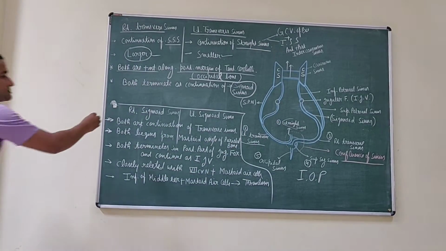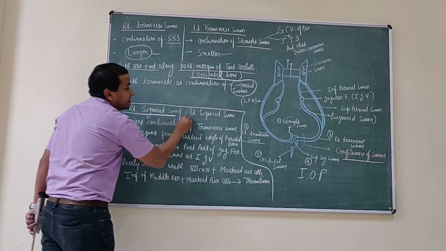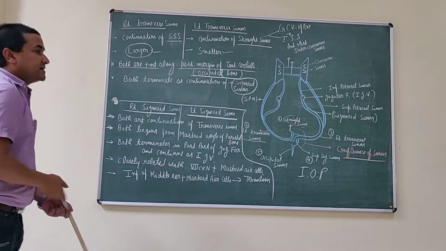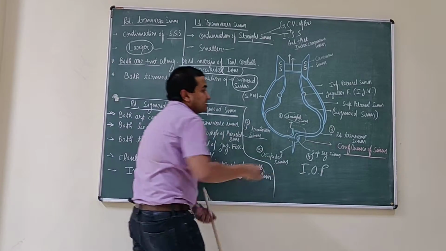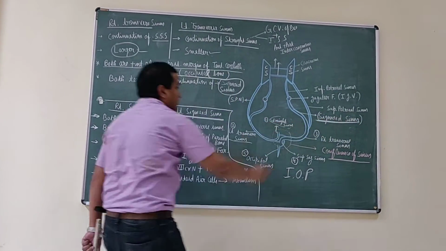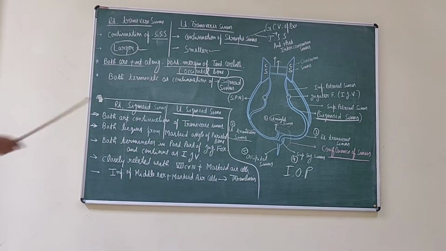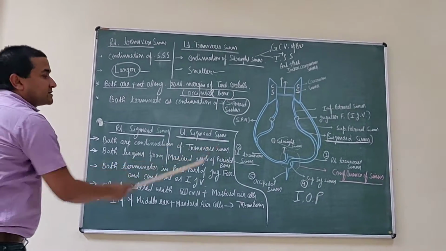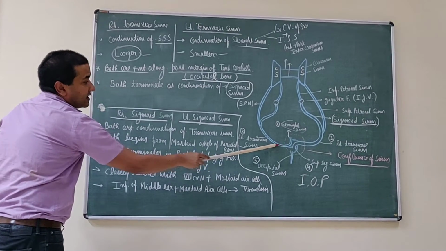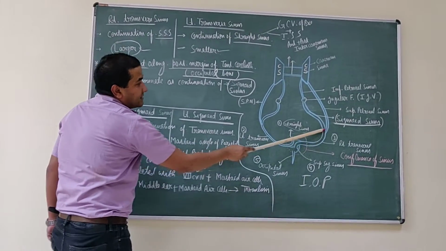Now the sigmoid sinus, there is the right and the left sigmoid sinus. In this diagram, this is the left one and this is the right one. If you compare the features, both are continuations of the transverse sinus. Here, this is the transverse sinus.